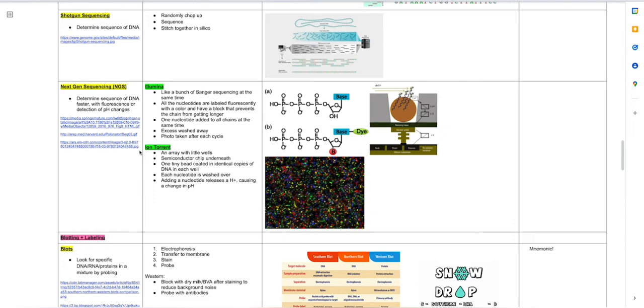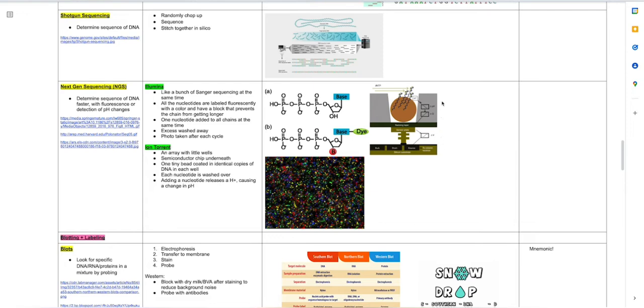And then next is Ion Torrent. What you do here is you have an array with little wells. Here's one well, and in each of them you have a little bead that's coated in identical copies of DNA, and then you have a semiconductor chip underneath. What happens is you wash each nucleotide over.